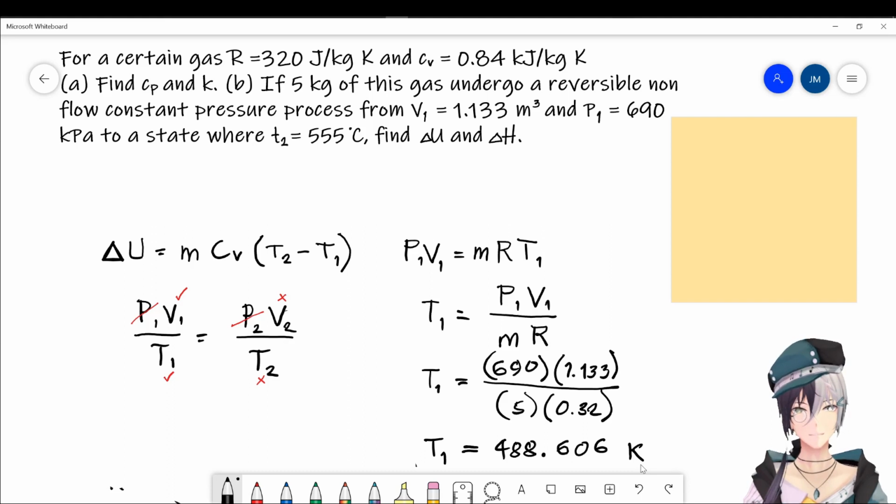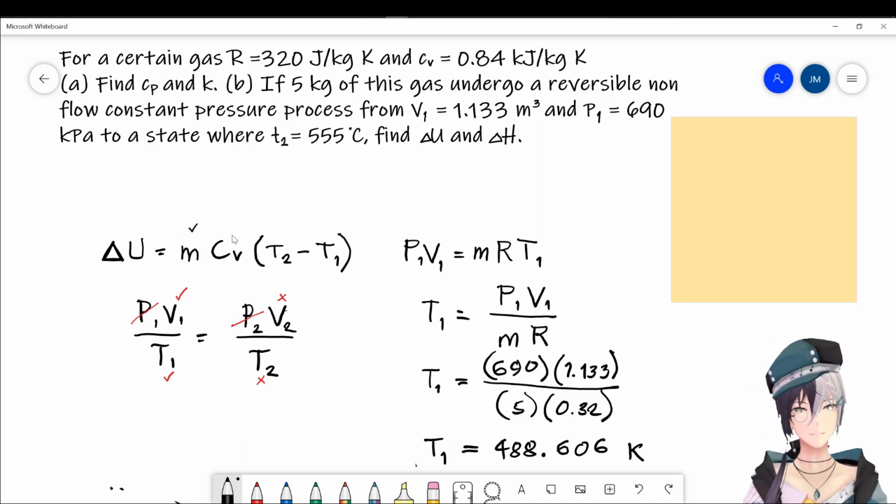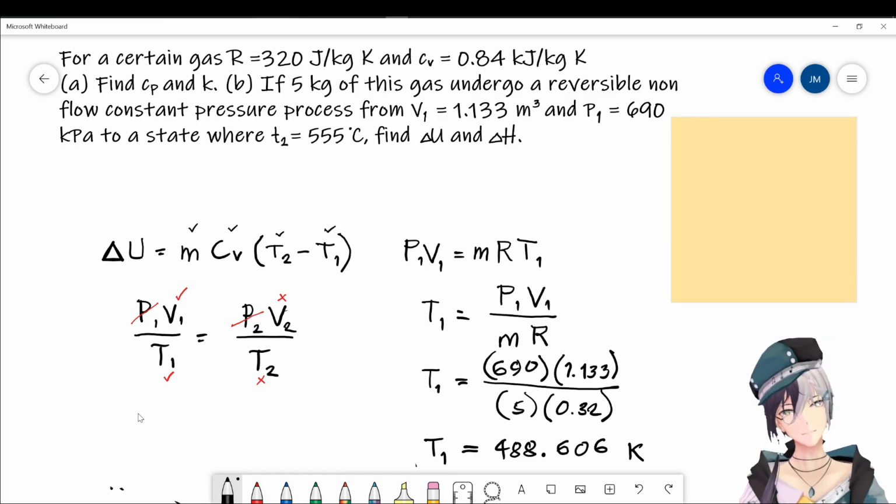So we are now ready to use this formula instead. Mass is given, this is also given, temperature 2 is given, and we just solved for temperature 1.